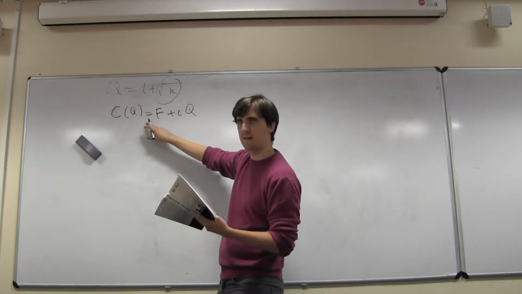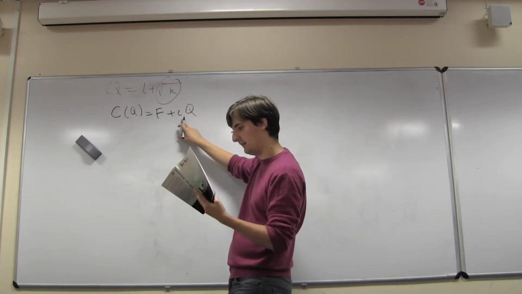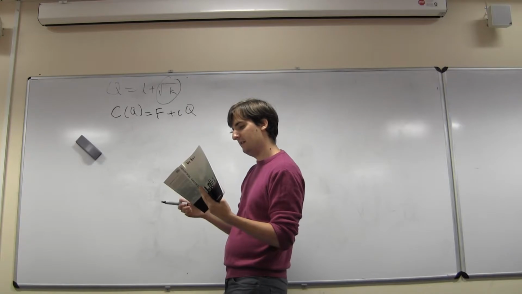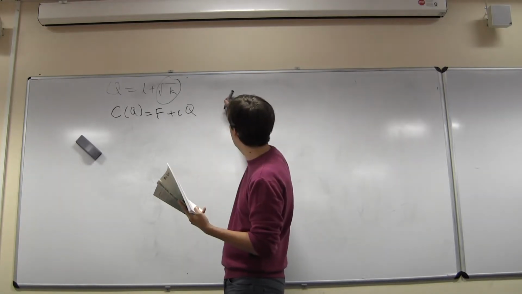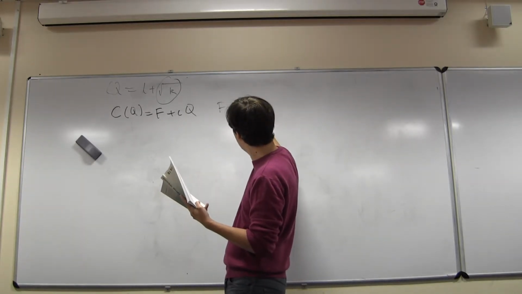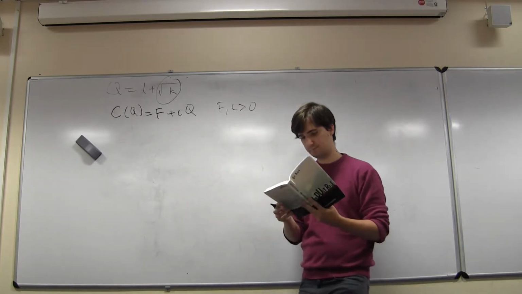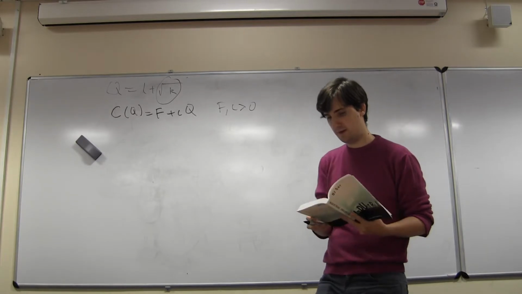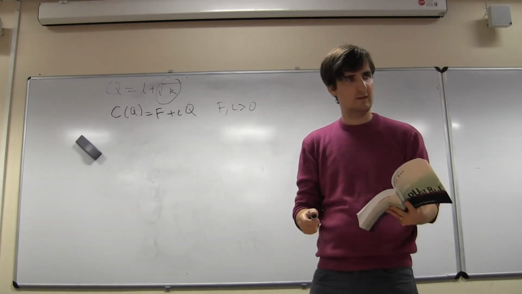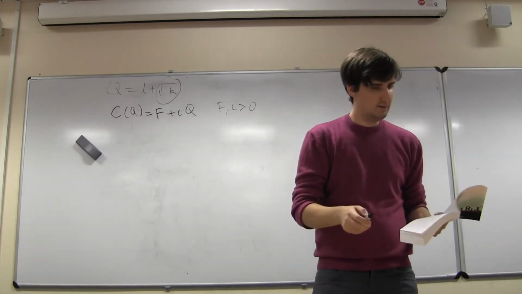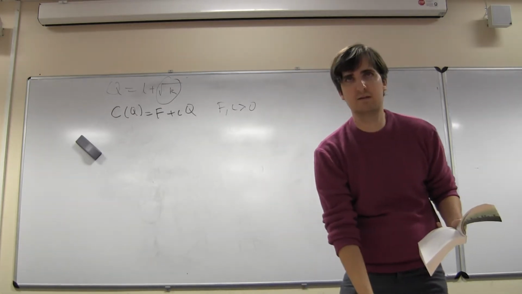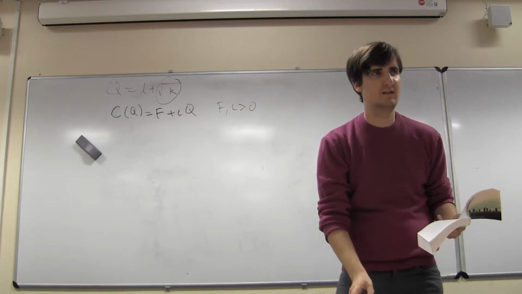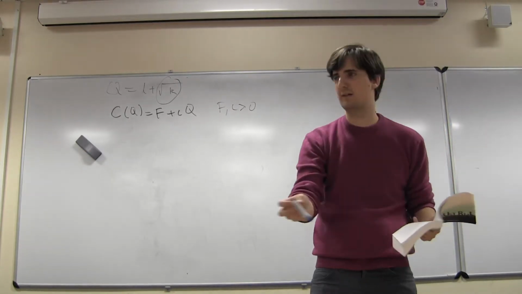It's a function of quantity, there's an F and a C bit. It says F and C are both positive. Calculate and plot the total cost curve, average cost curve, and marginal cost curve. Does someone want to volunteer to do this? Even if you haven't done this exercise, it's easy, right? So what do these graphs look like?